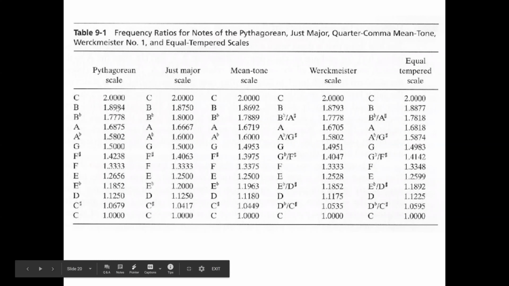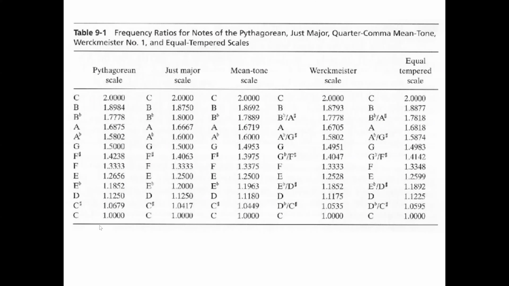So this slide has a bunch of different scales and their frequency ratios, going up the C scale, showing every half step in between. You'll notice that here's our third in the just major scale, dead on. Mean tone, dead on. But if we look at our fifth here, we're mistuned just a little bit.